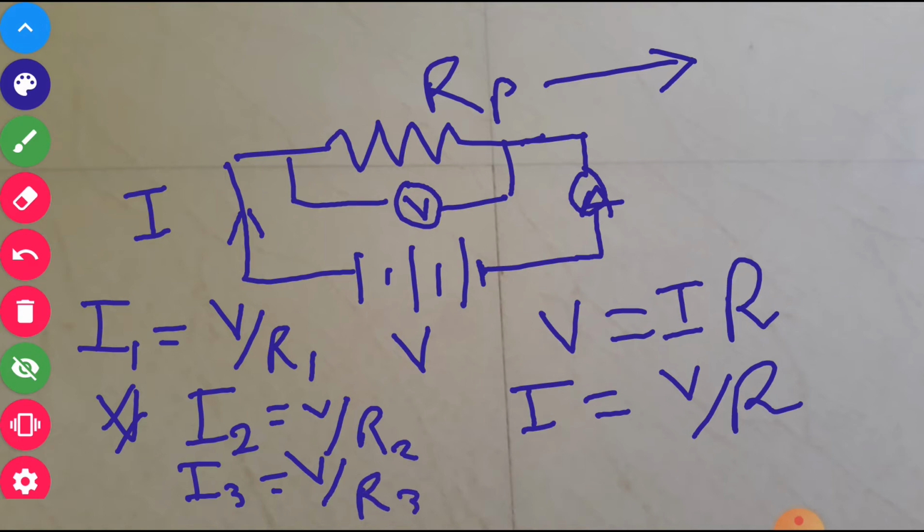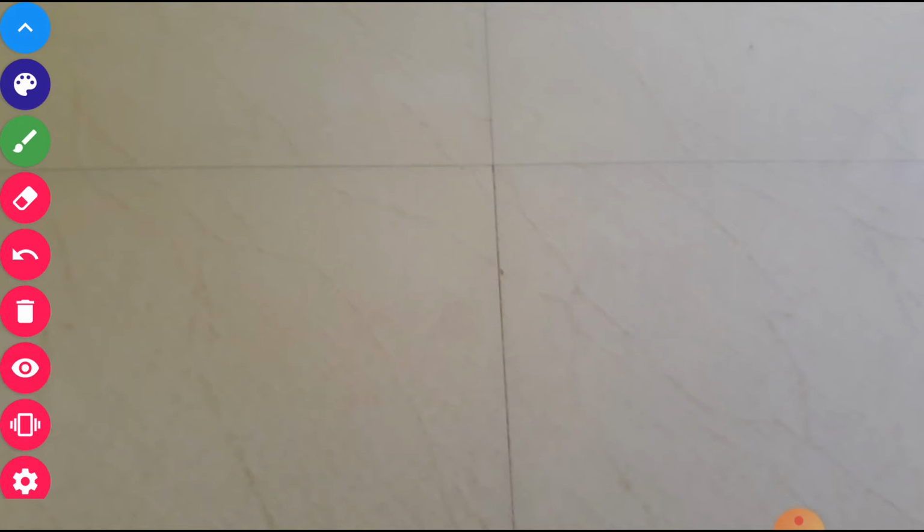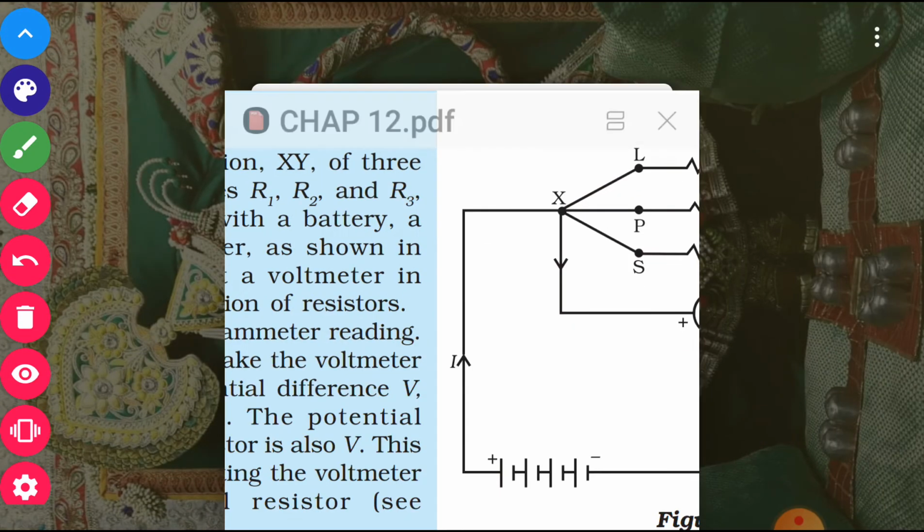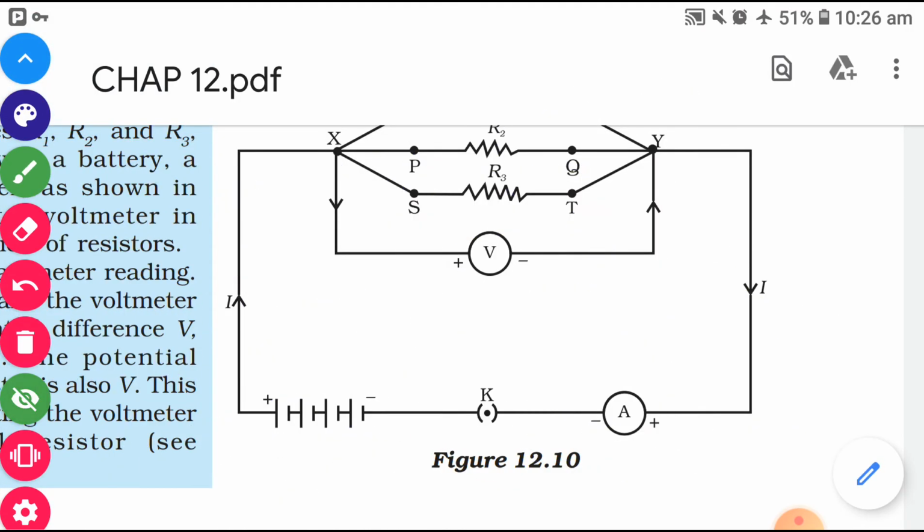Then we can easily calculate the value of the equivalent resistance. You can easily understand this.